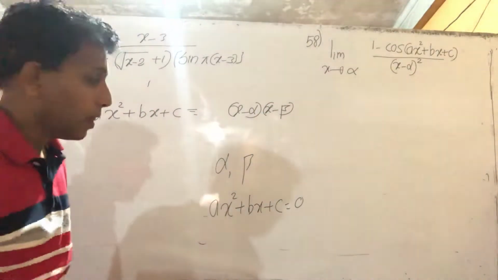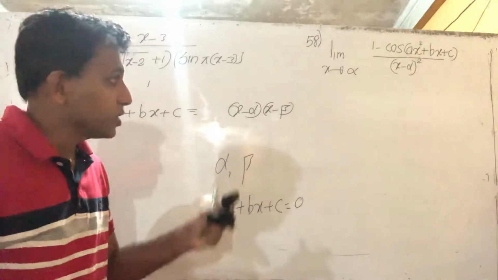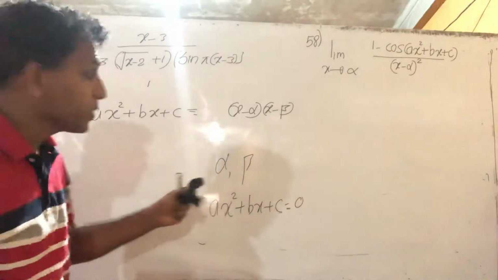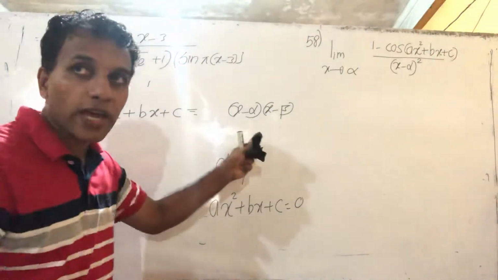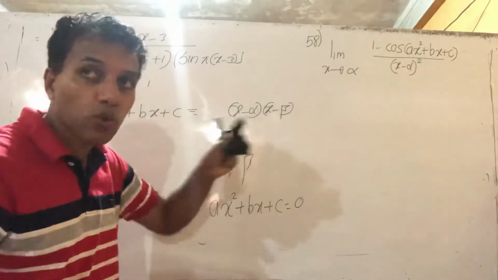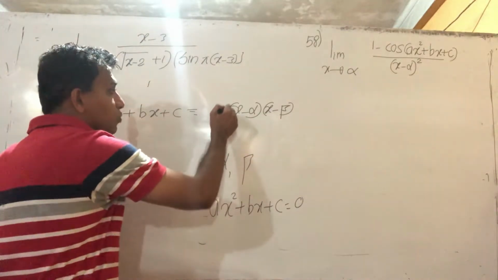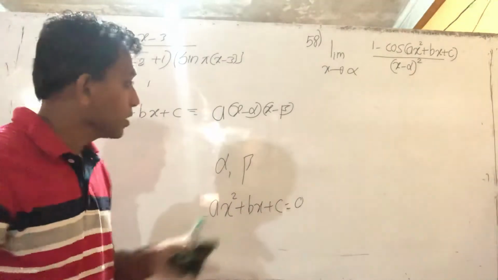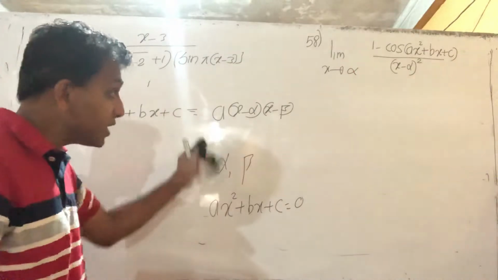Right? The roots are given. How to rearrange the quadratic equation? No, this is wrong. Why is this wrong? See here, ax square. If you multiply, there is no a, only x square. Therefore, no a. So we write a into. If you attended the theory class, you might know this way of writing the quadratic equation when the roots are given. So a into this.